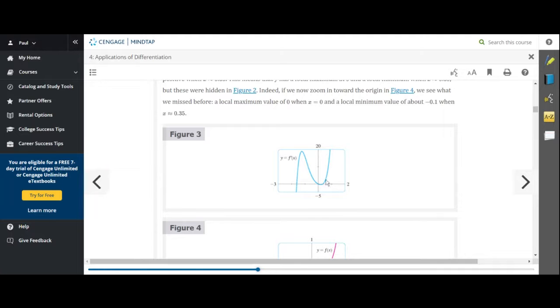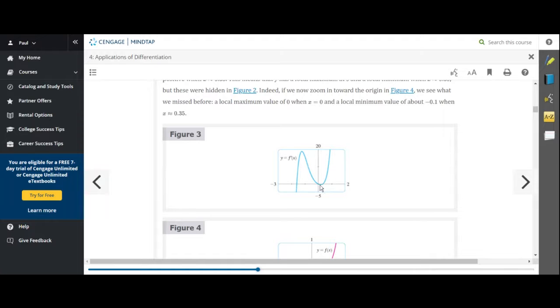And then the derivative goes above the x-axis and becomes positive. So at x equals negative 1.62, the derivative changes from negative to positive. That means you have a local minimum at about x equals negative 1.62.